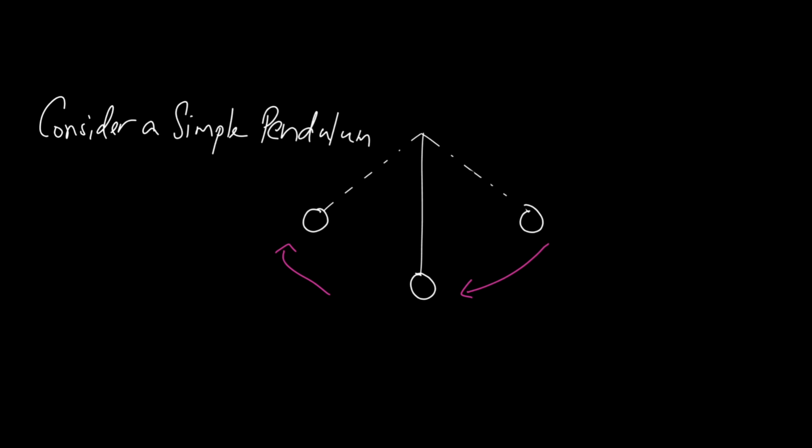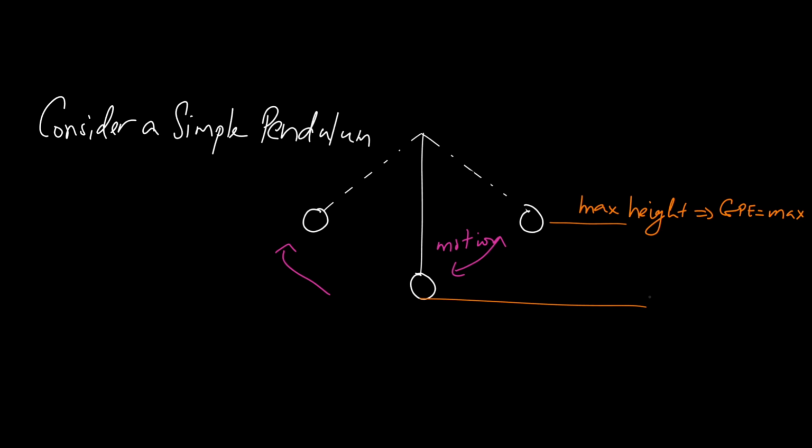Let's take another example. A simple pendulum. At its point of release, this pendulum has a maximum height, whereas as it crosses its lowest point, that height is actually 0.